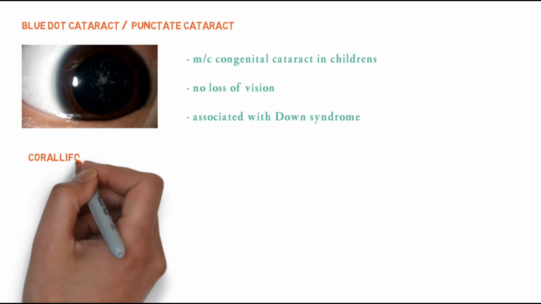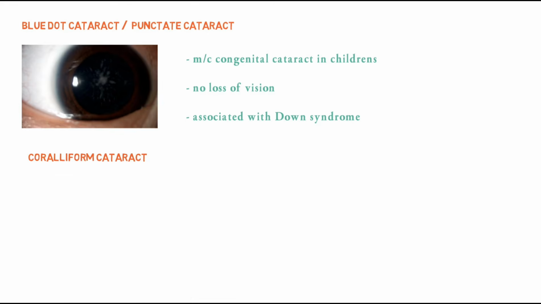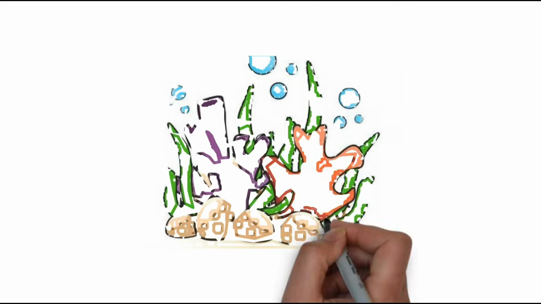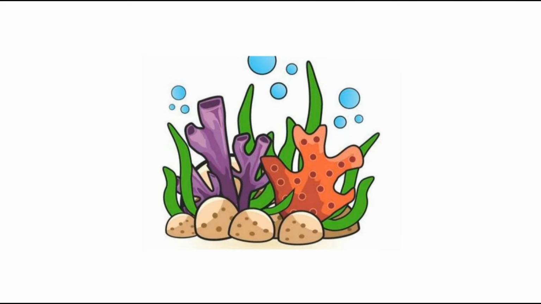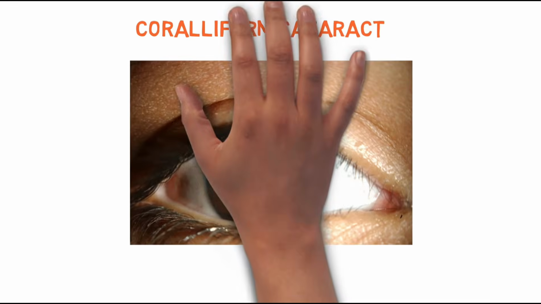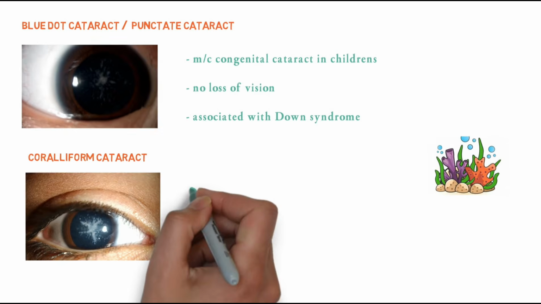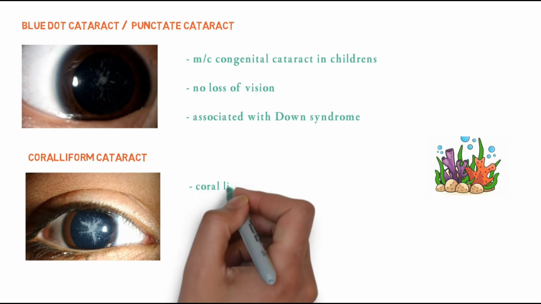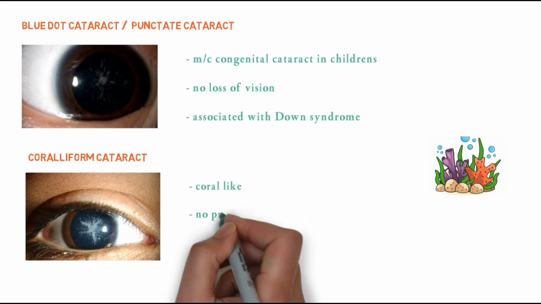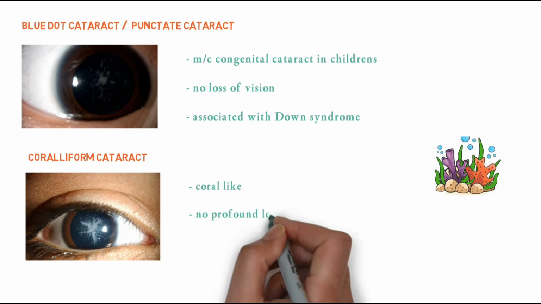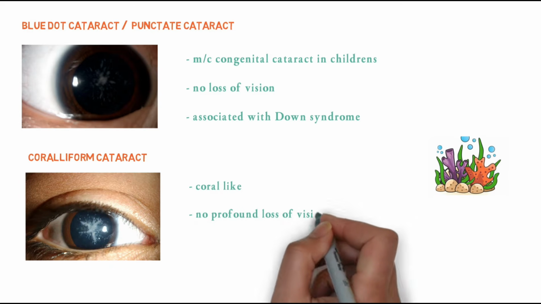Next, that is coralliform cataract. What is coral? Coral is found in oceans. And look over here. Here we have a structure which gives an appearance resembling coral, right? That's why it is called coralliform cataract. And there is no profound loss of vision.